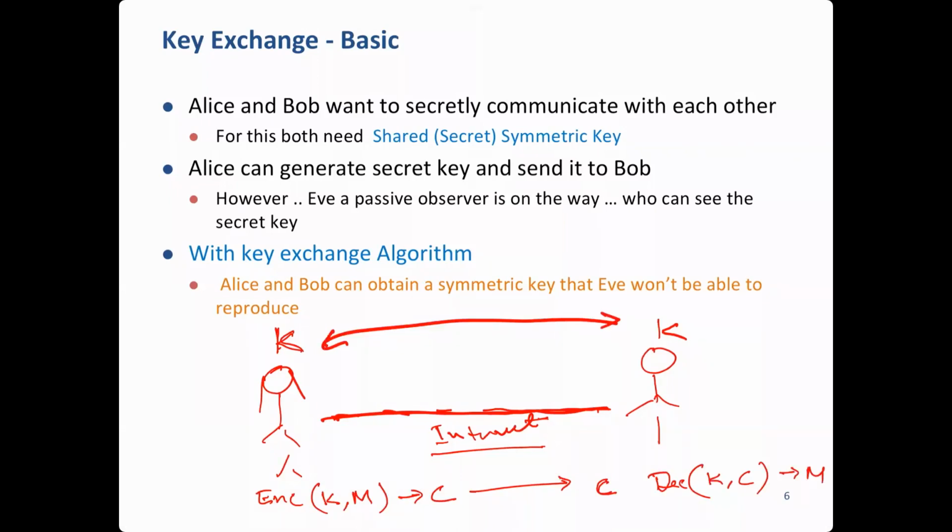Now, about 50 years back, it was actually done by physical mechanism. Keys were typed on letters and sent from one city to another between two units of, say, the army or defense forces, and then exchanged. Now that's not possible today.